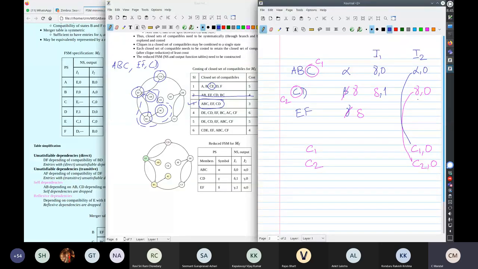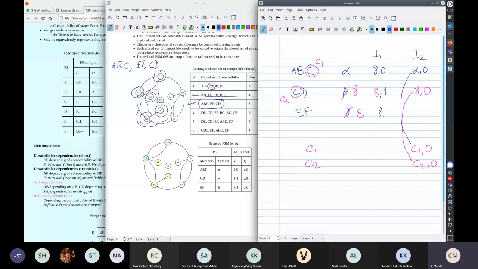Alright. So let us see what is happening with EF. So with EF, we are going to CD. Alright. So CD here is gamma and the output is 1.